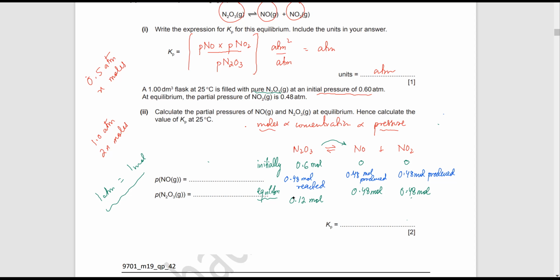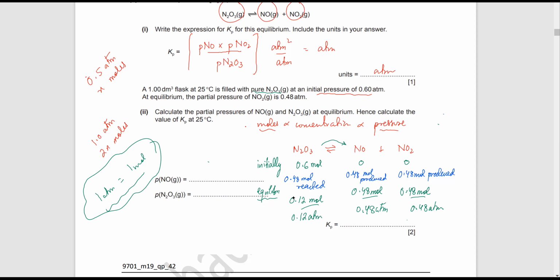Okay, I'm just going to convert them back to atmospheres. I told you that moles and pressure are directly proportional. You have more moles, you have more pressure. And I had made this assumption that 1 atmosphere is 1 mole. So it's basically 0.48 atmosphere, this is 0.48 atmosphere, and that would be 0.12 atmospheres.